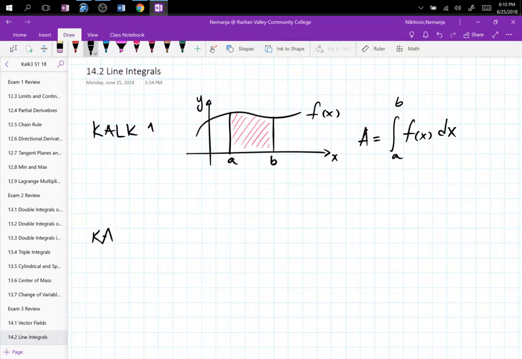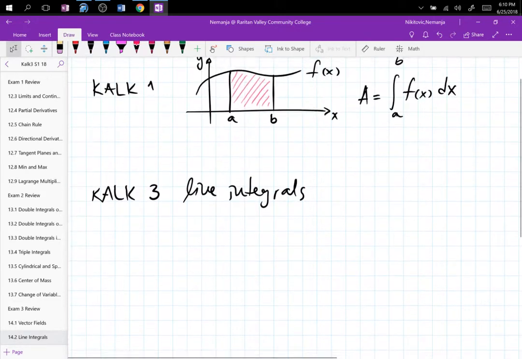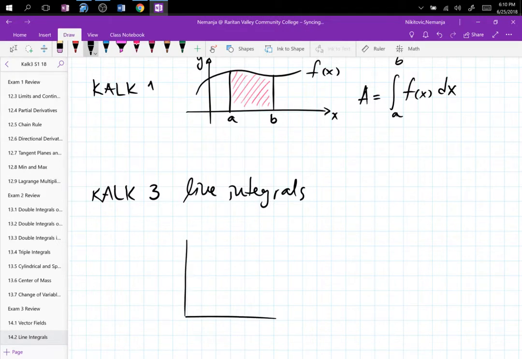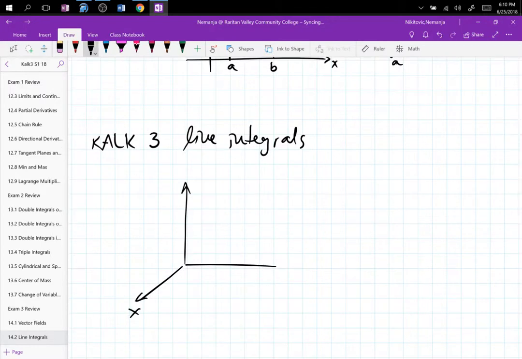So now we have Calc 3 line integrals. I have a 3D space of x, y, z. I have some kind of a line.